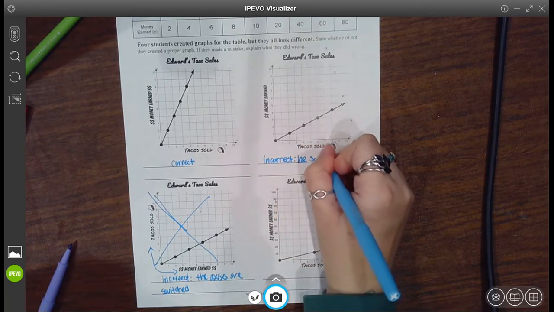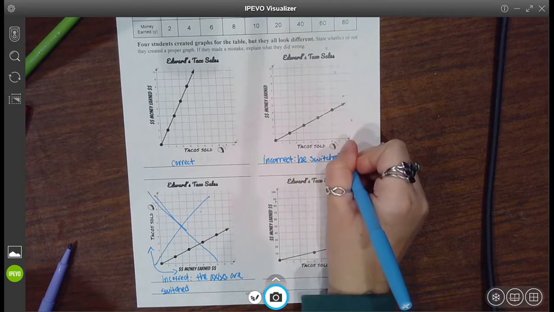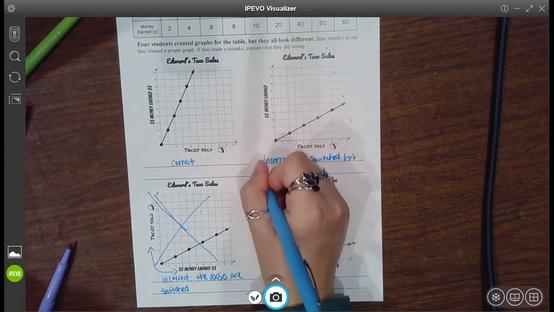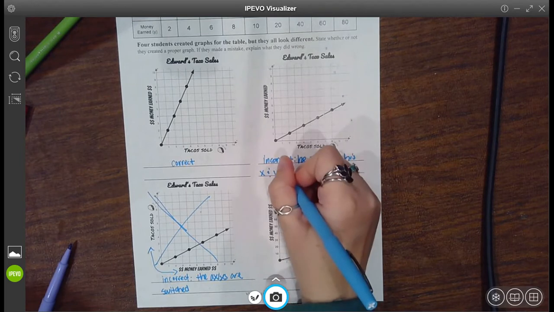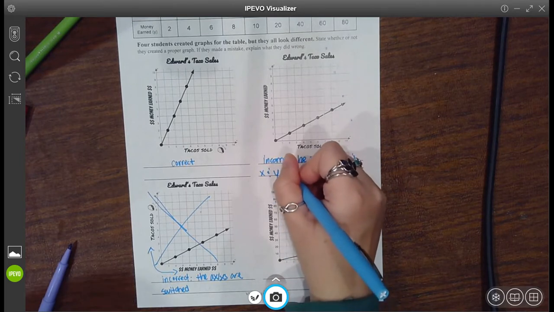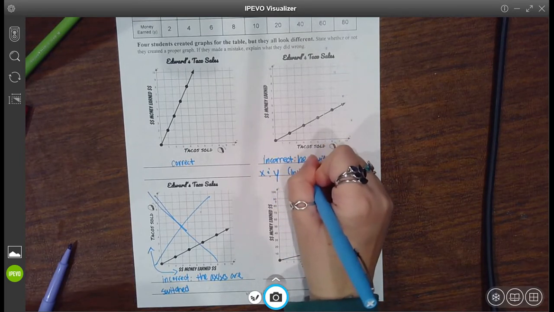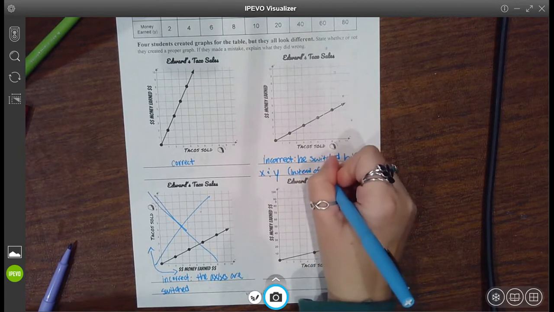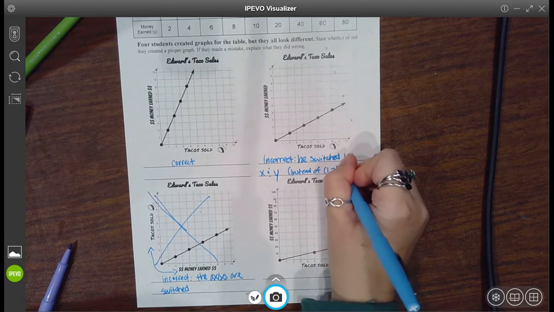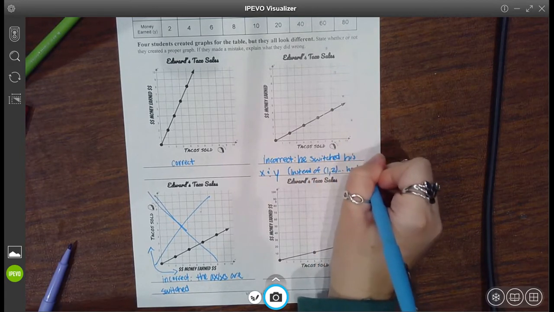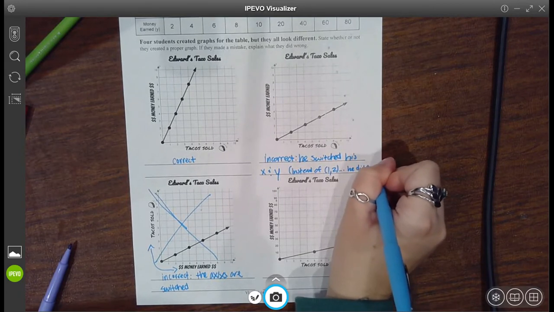He switched his X and Y, meaning instead of 1 comma 2, he did 2 comma 1.